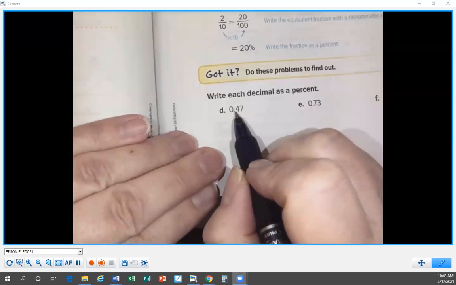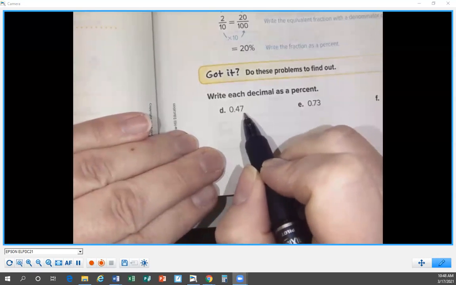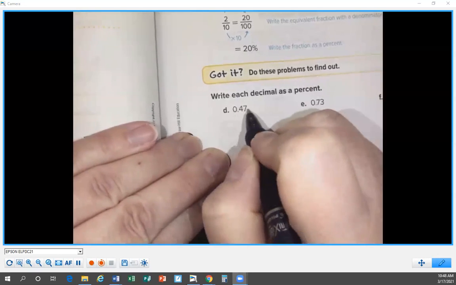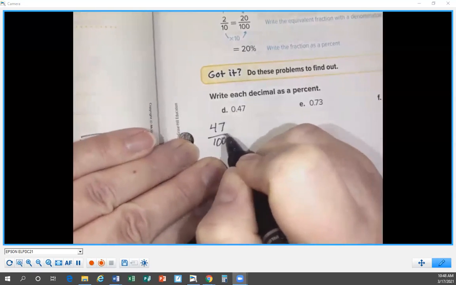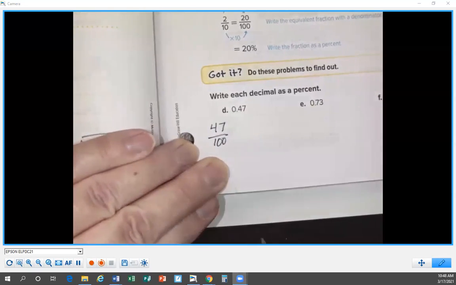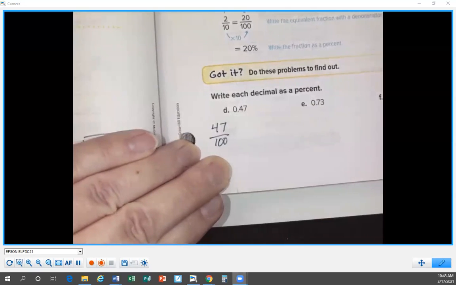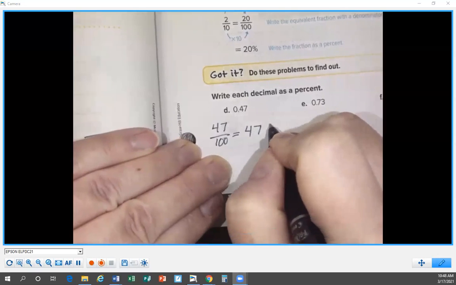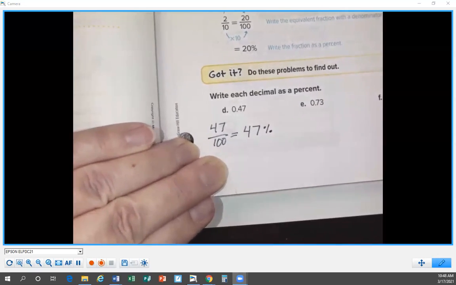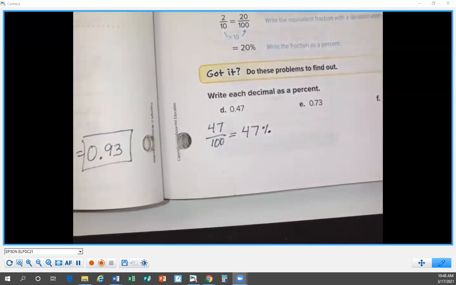So 47/100ths is the same as 47 hundredths. This is just written as a decimal. This is just written as a fraction. 47 hundredths is the same as 47 per hundred, or 47%.